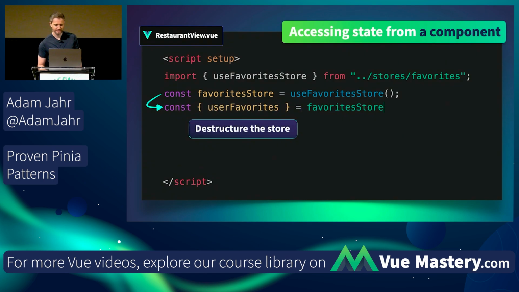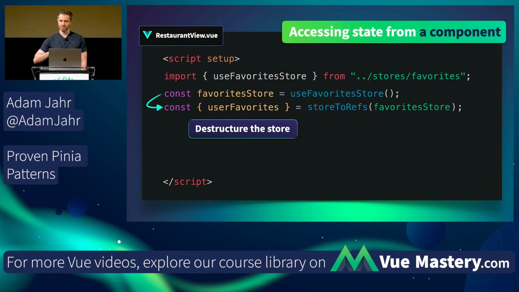But we have to be careful about the way in which we do this. So our first instinct might be to do something like this, but it's going to actually break the reactivity. So in Vue 3, you probably know that you can't destructure props unless we use the helper method called toRefs.